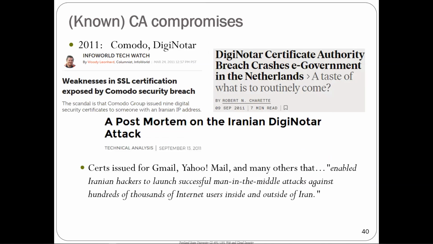As part of this, this was an Iranian CA, and they thought this was nation state driven. They issued certs for Gmail, Yahoo, and all these other sites for monitoring their citizens going out into the internet, right? Because if you can forge a certificate for Gmail, you can do a person in the middle attack on the communication through Gmail on your citizens. So that's what this one was.